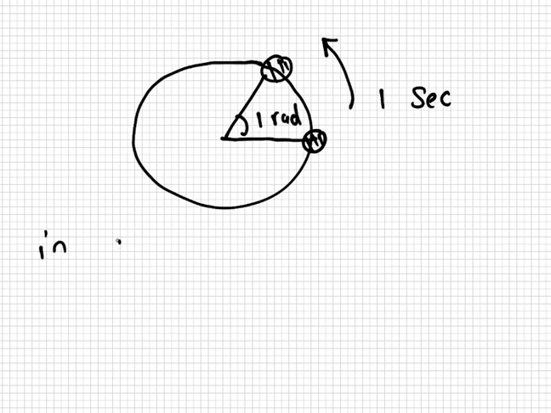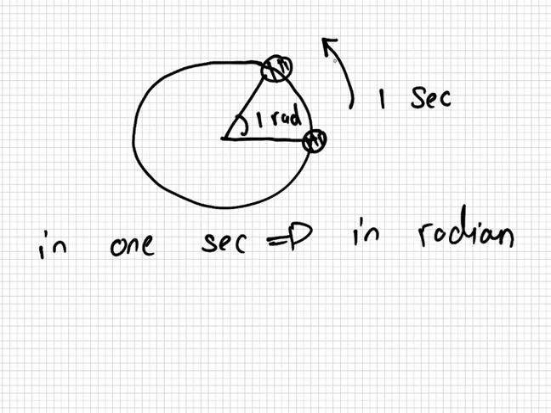What we're saying is in 1 second we moved 1 radian. So this gives us an idea of speed, doesn't it? Like, for example, if it did 1 radian in 2 seconds, is it going faster or slower? Slower. So we have this idea of what's called angular speed or angular velocity.